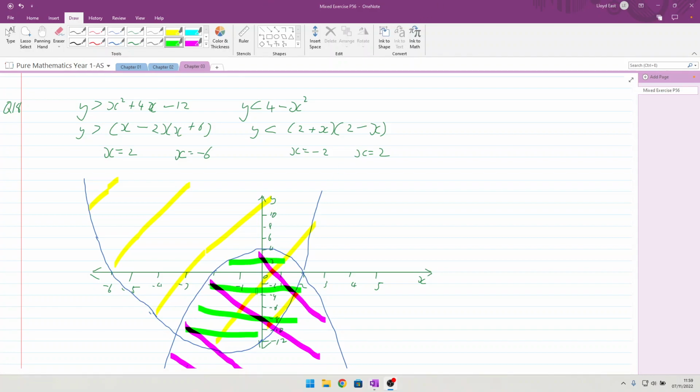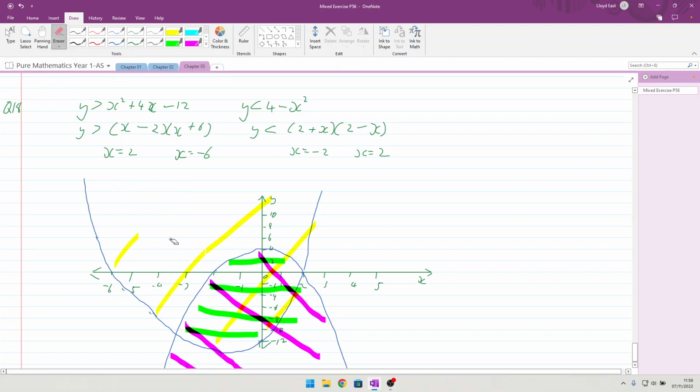We should also point out that not only should we have that almond shape, but we should have dotted lines on the graph because they are less than, not less than or equal to. So let's finish it up.